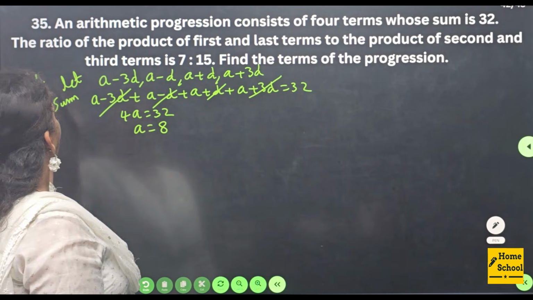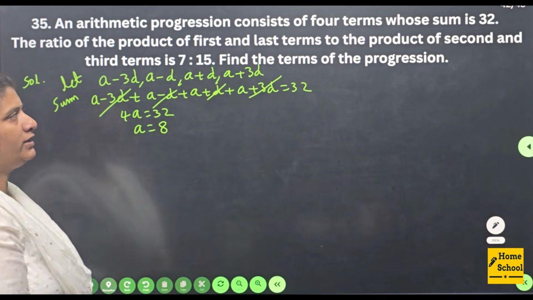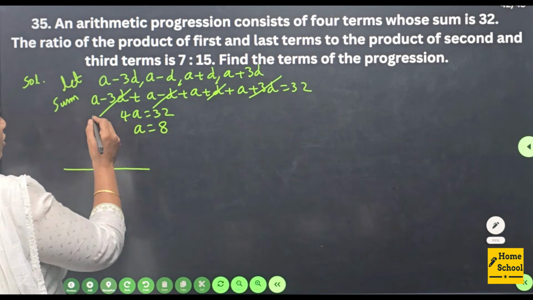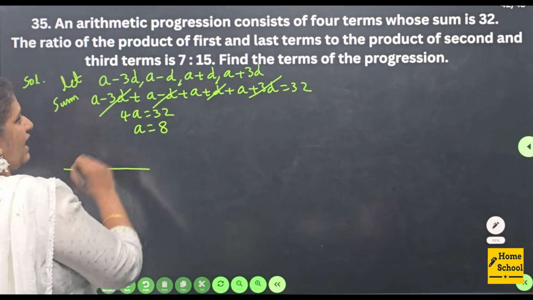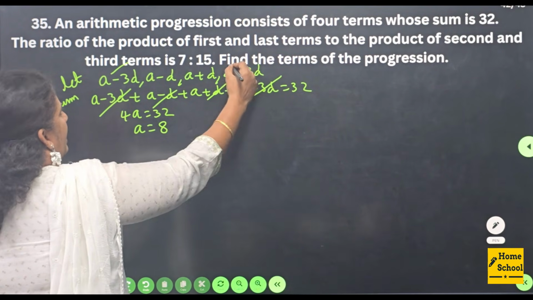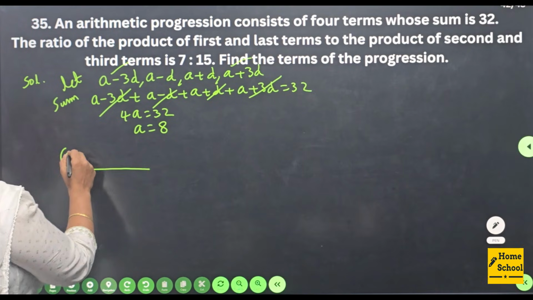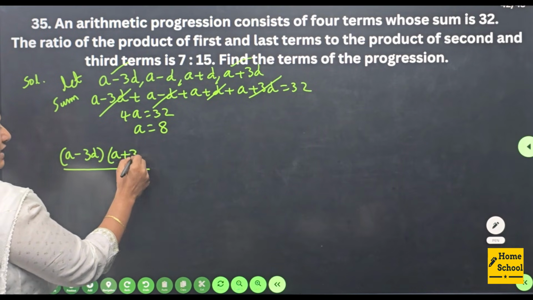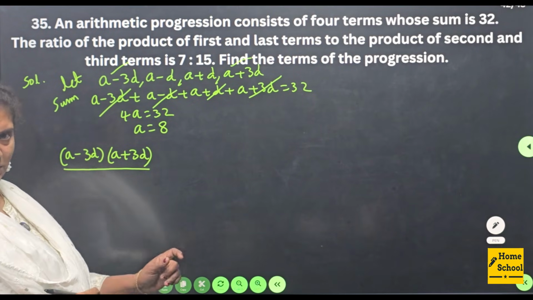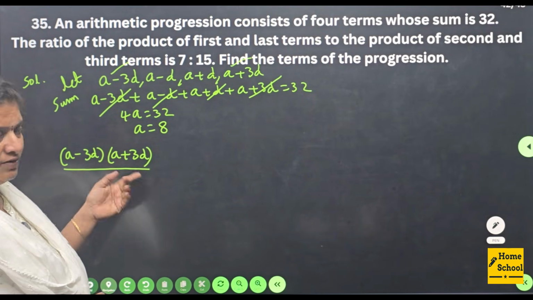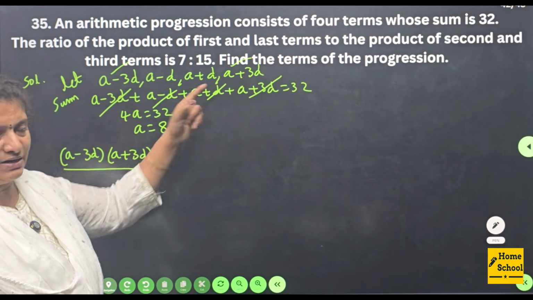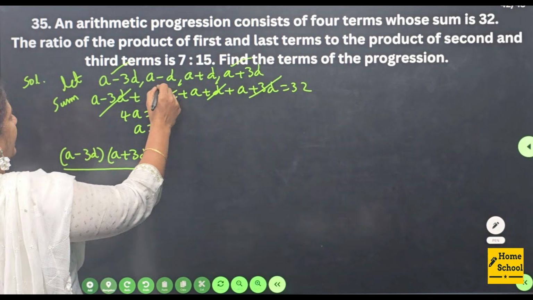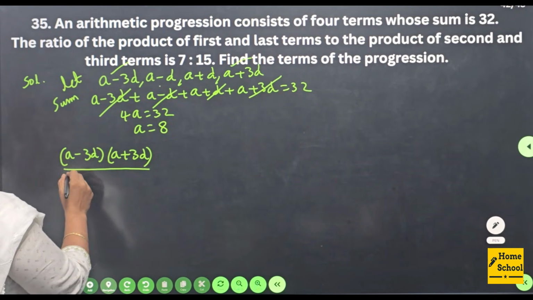Right? Now the next line: the ratio of the product of first and last term. The first and the last term product means a minus 3d into a plus 3d. I repeat, the ratio of the first and last term product to the product of the second and third term.